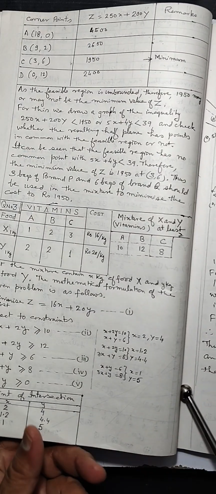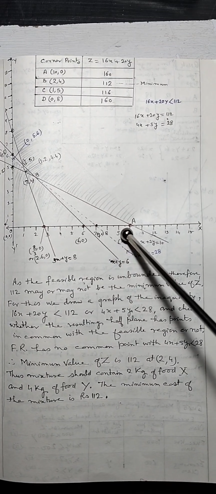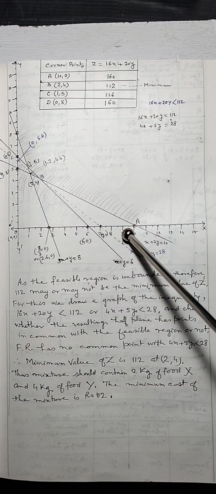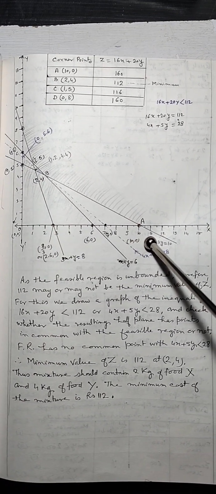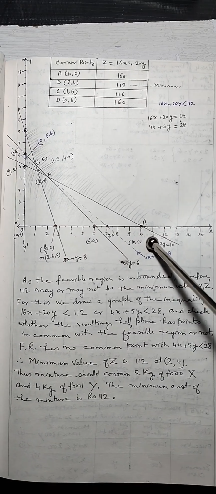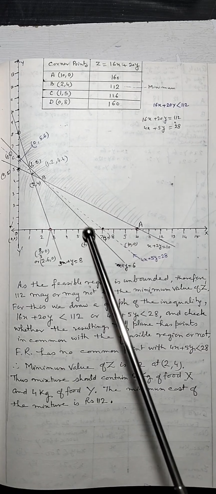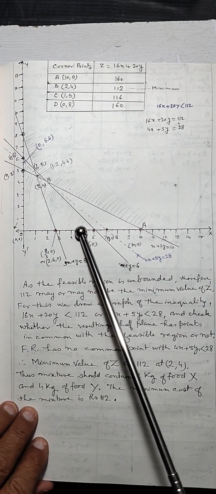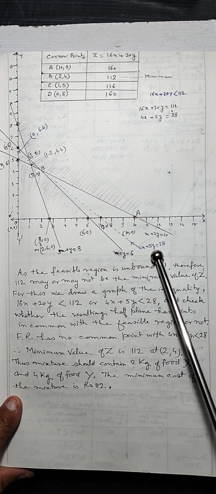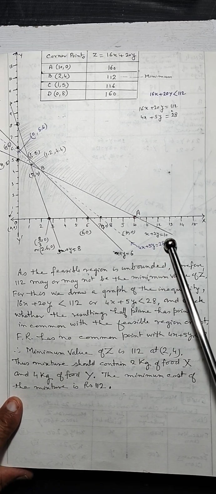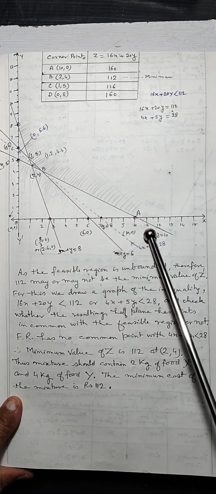Now we start plotting the graph. You see here, once we plot the graph, here x plus 2y is equal to 10. So the line AB will represent the graph.